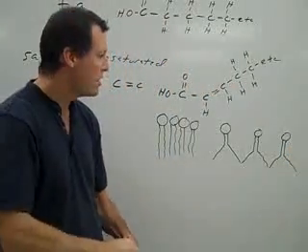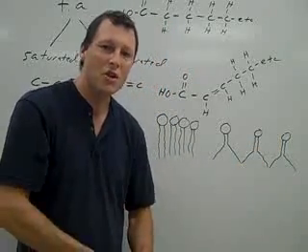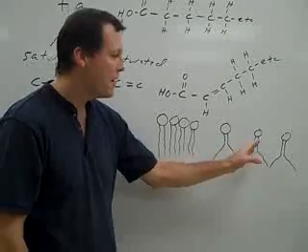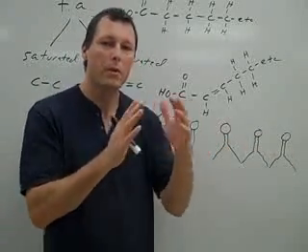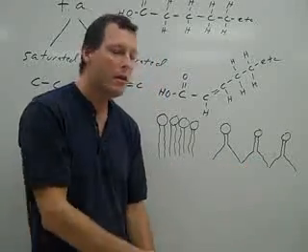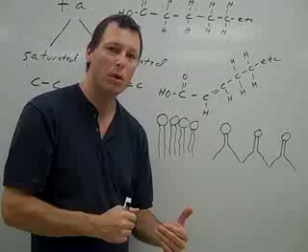Notice because of the unsaturation here, these phospholipids do not pack as tightly as these saturated ones do. Because of that, these phospholipids have more wiggle room. They're able to move back and forth more. And due to that, this membrane would have more fluidity. It would be more flexible.